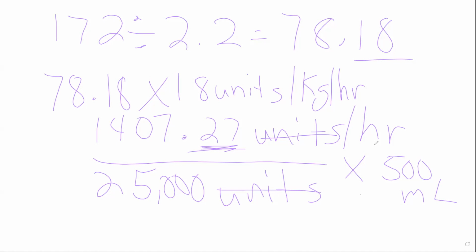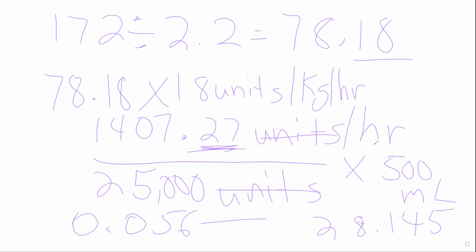So now all you have to do is take that number and divide it by the 25,000. And then you got to multiply whatever you got, which was 0.056 blah blah blah, times the 500, right? And that should have gave you 28.145.